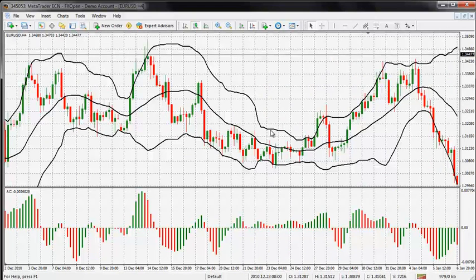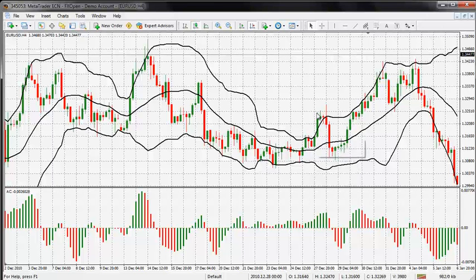Okay, and then it creates this kind of bottleneck look, and then eventually, the market starts to pick up pace. So the only thing that the Bollinger Bands can do is to compensate for that expansion, and then the upper and lower bands start to move further apart.